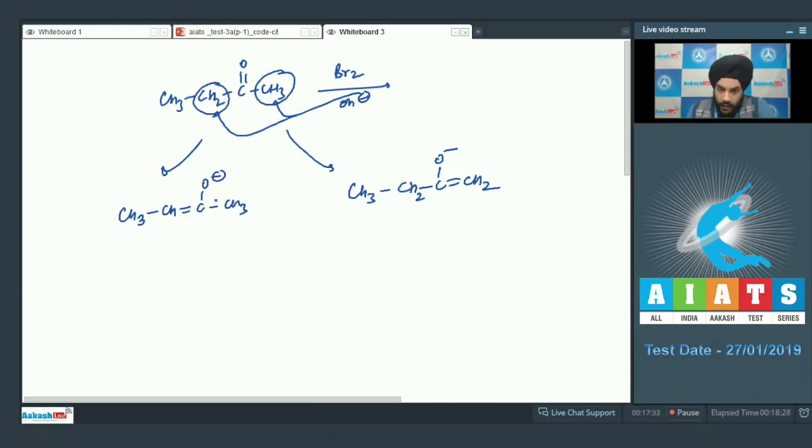So both of these two species will be present in almost similar amounts in the reaction mixture, and the attack can happen via any of these two intermediates, leading to products which have the bromine substituted at any of these two positions.